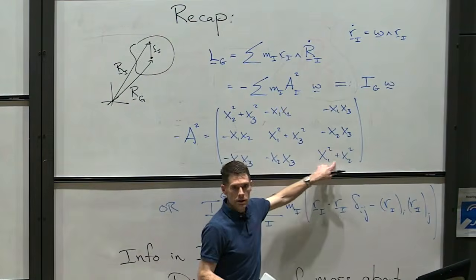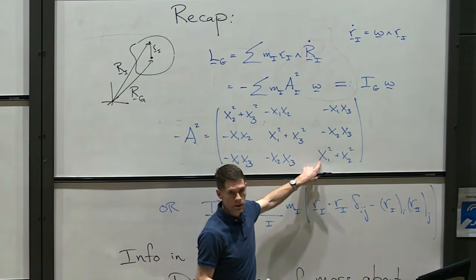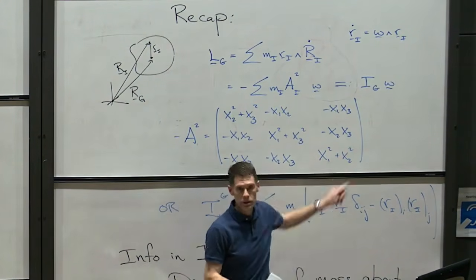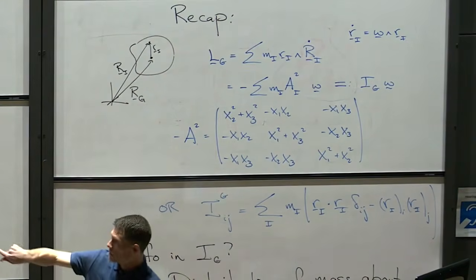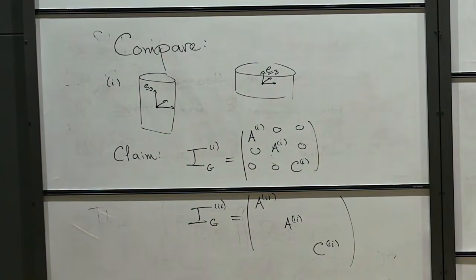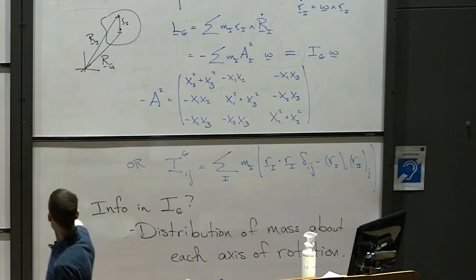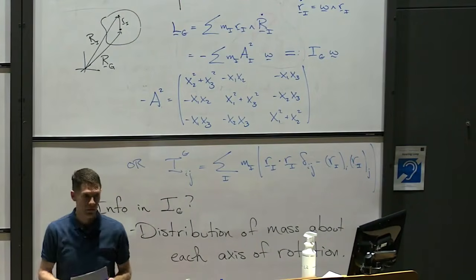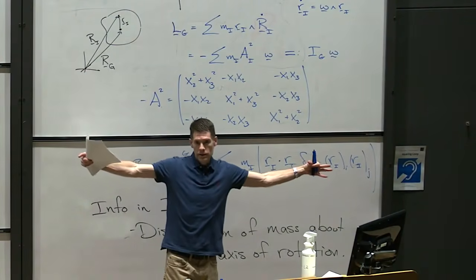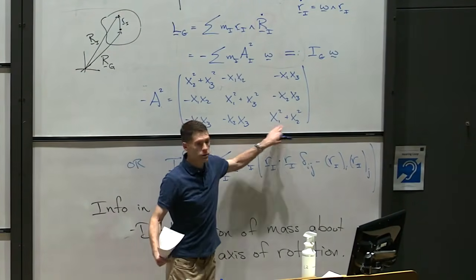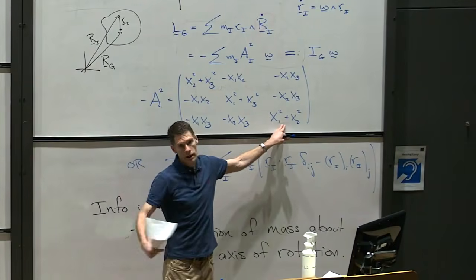So it's this term here. Right? I'm adding up the contributions of x1 squared plus x2 squared. But x1 in this coordinate system is the variable associated with one of my E1, which is in the cross-section of the cylinder, and x2 is the other direction in the cross-section of the cylinder. So when I say that this thing is giving me information on the distribution of the mass, in particular, the more spread out the mass is in those two directions, the larger that number is going to be.